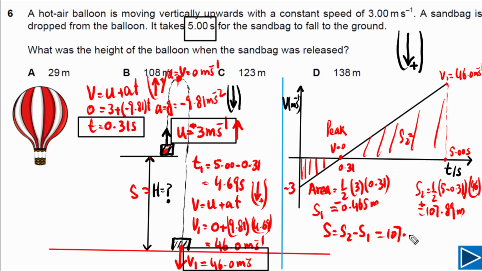So we can write down 107.89 minus 0.465 meters, and our answer in this case is 107.425, or we can simply say it is very close to 108. We can write down about 108 meters, and this is our final answer.